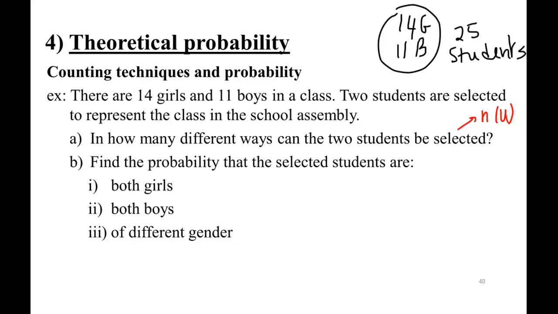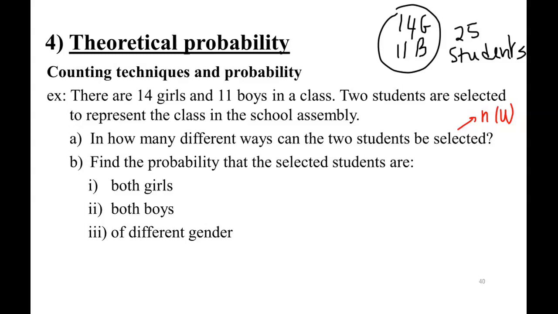So out of those 25 students, I need to choose 2. Now over here, we're choosing 2 under no restrictions. So basically, choosing student A before student B is the same as choosing student B before student A. So over here, the order of the choice does not really matter.